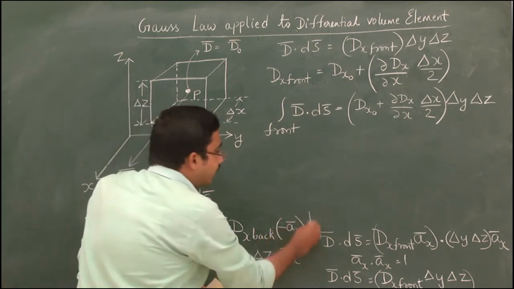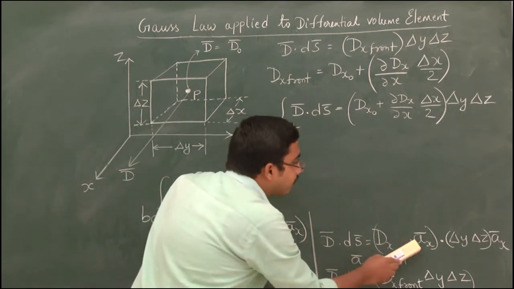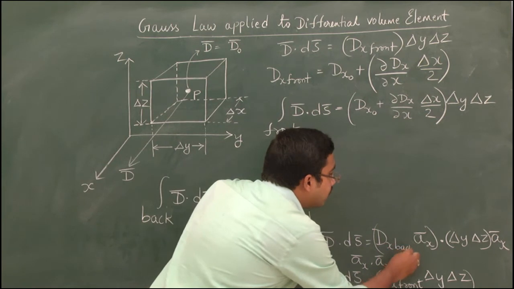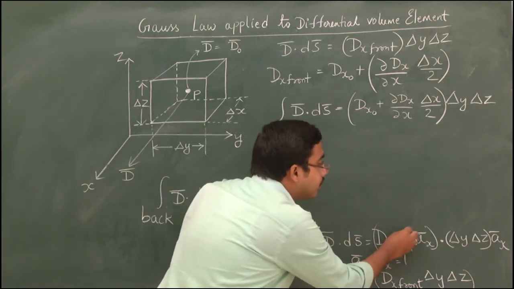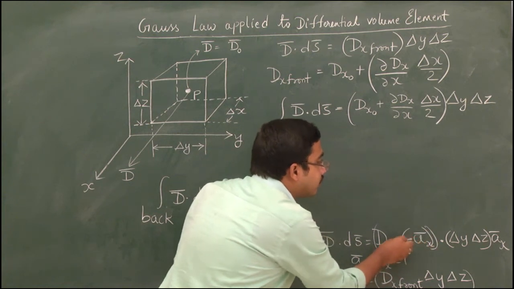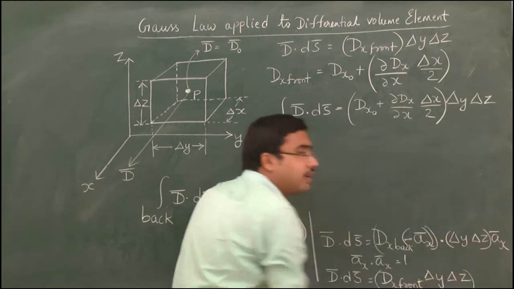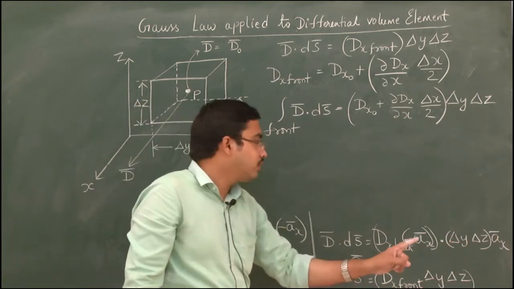Now let us calculate D bar dot dS bar for the back side. Back side means Dx of back, and the unit vector there is minus ax, and dS bar is the same. So ax bar dot ax bar is equal to 1. So what is left?